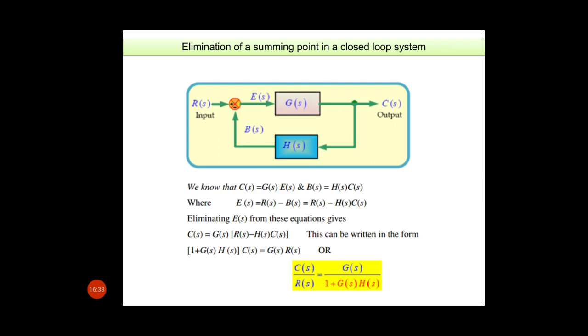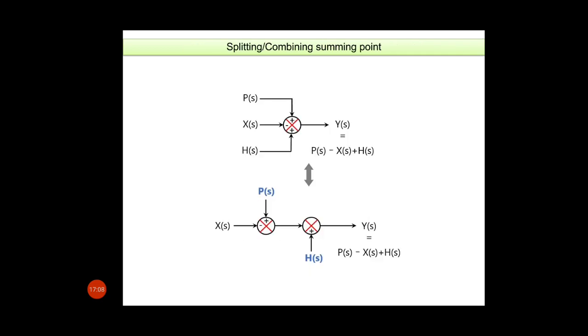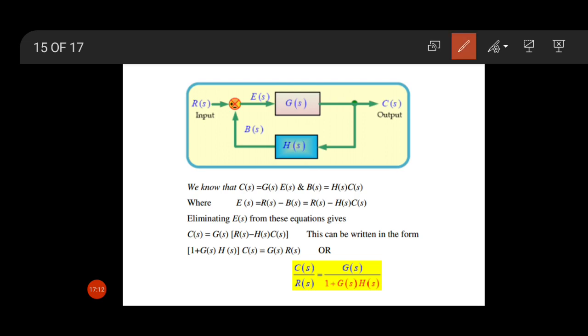Here we consider negative feedback, that's why the block gain is G(s) by 1 plus G(s)H(s). If you consider positive feedback, then the block gain is G(s) by 1 minus G(s)H(s). Whenever you see this type of feedback loop, you eliminate it with a single block and keep this block gain as G by 1 plus GH.